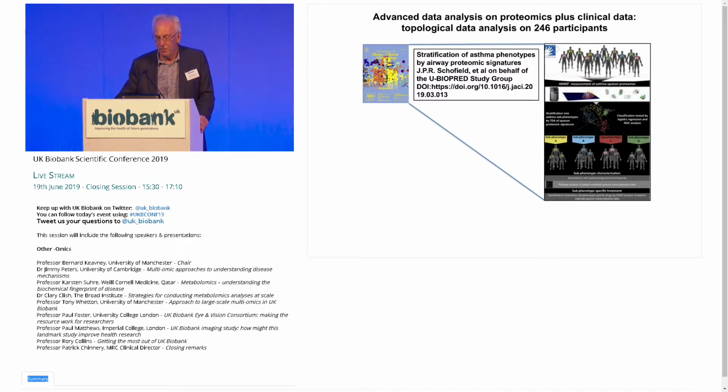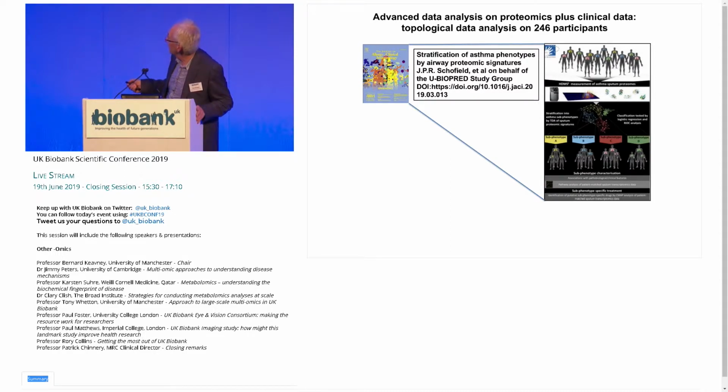So this is a straightforward set of questions about stratification of asthma phenotypes. And what the investigators did, based in part in Southampton, was to look at salivary proteomics.